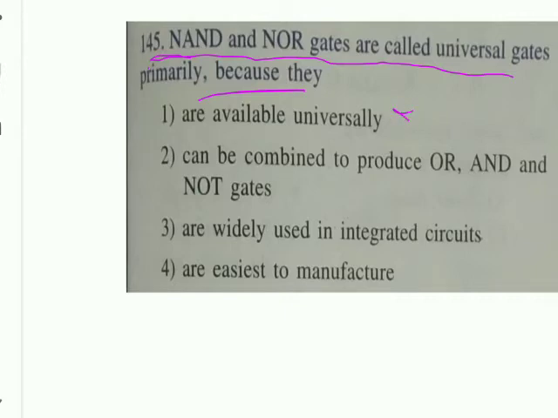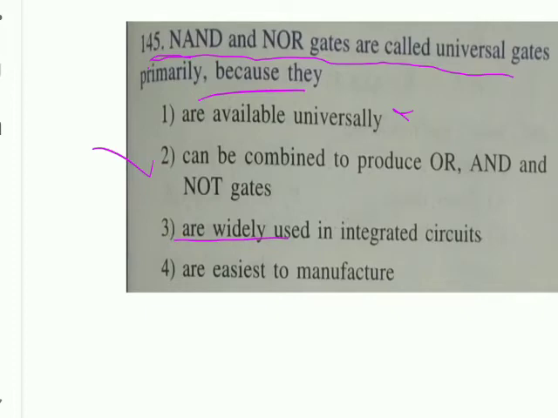These are universal gates, but being available universally is not the reason. Option: can be combined to produce OR, AND gates and NOT gate also. Oh, it is right. Option: are widely used in integrated circuits. They are used, but in this sense we don't call them universal gates.